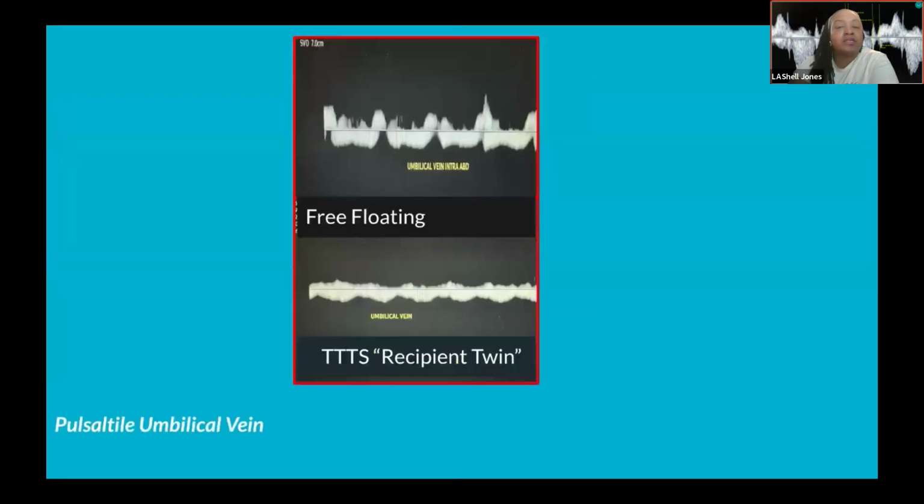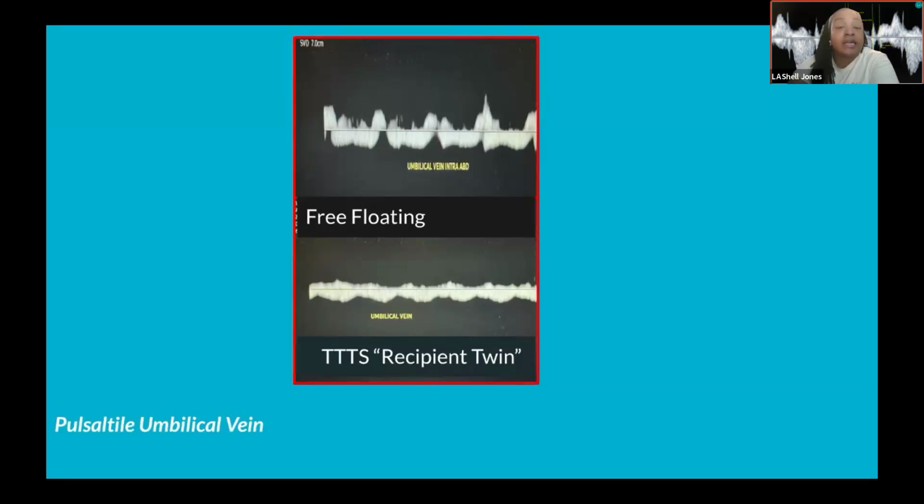Okay, so here is that case from earlier that we saw in the abnormal Doppler patterns. This particular case was a twin-to-twin transfusion. This was the recipient twin. And as you notice, there is some pulsatility happening in both the intra-abdominal umbilical vein as well as the free floating umbilical vein.